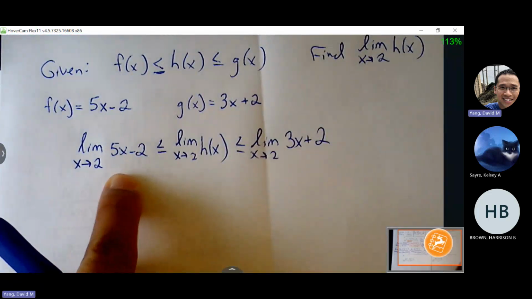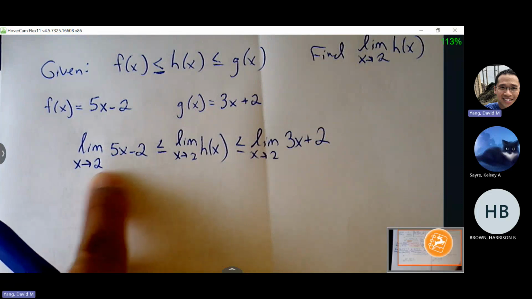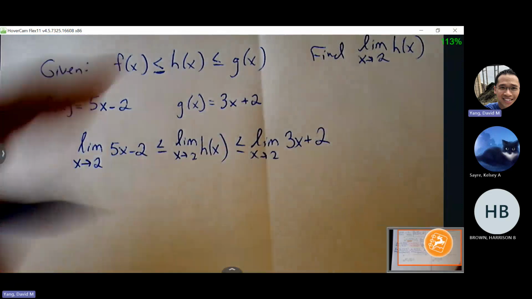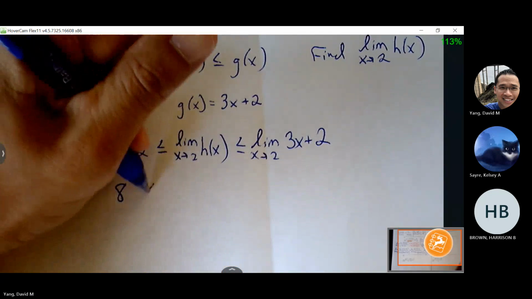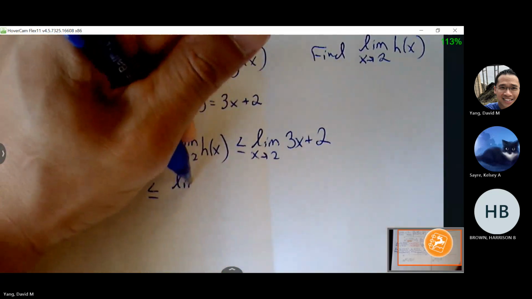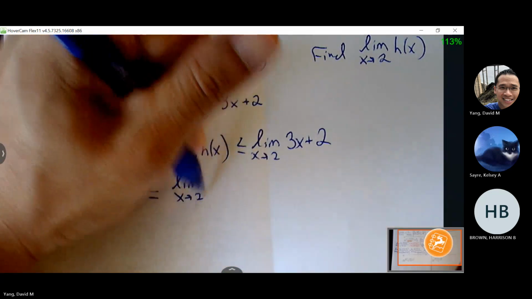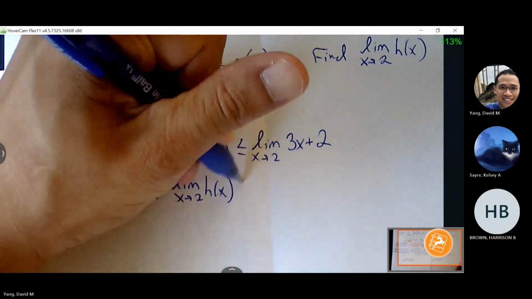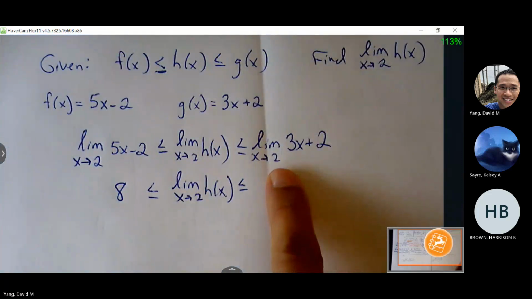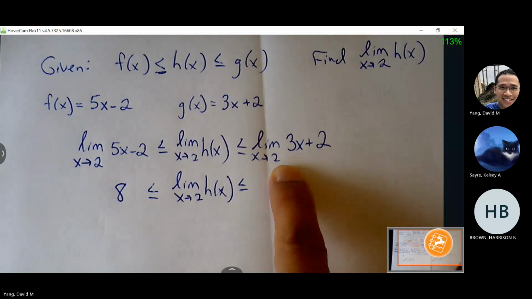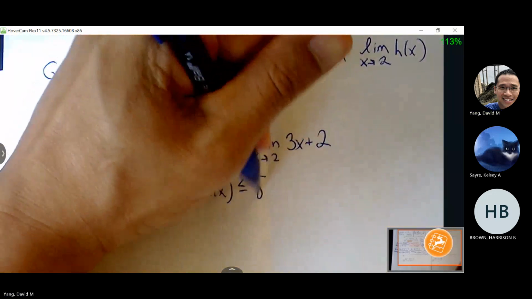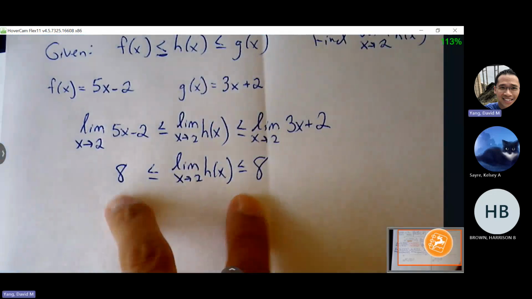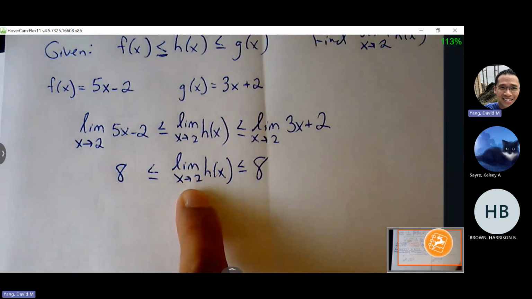What does the bottom one give us? 8. I do direct substitution. 10 minus 2 is 8. Direct substitution here. Also 8. So if this is going to live between 8 and 8, this has to be what?